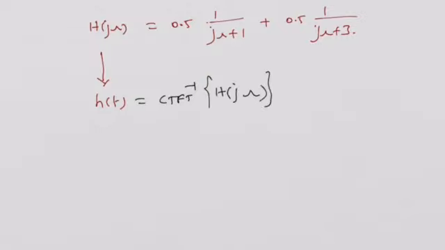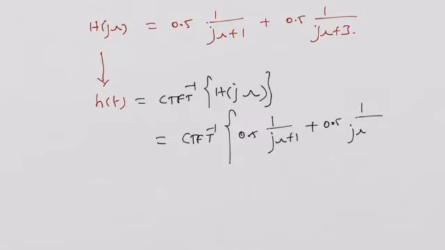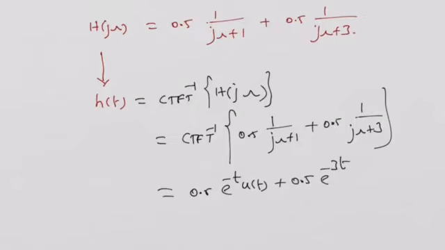The inverse transform of 0.5 times 1/(jω + 1) plus 0.5 times 1/(jω + 3) will be 0.5 e^(-t) u(t) plus 0.5 e^(-3t) u(t), which is the impulse response.